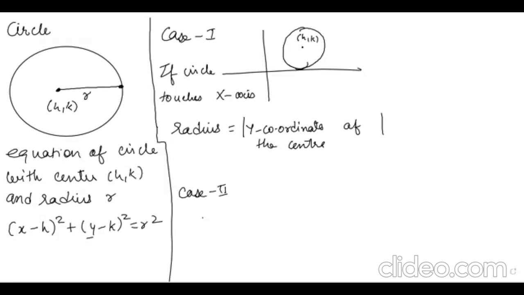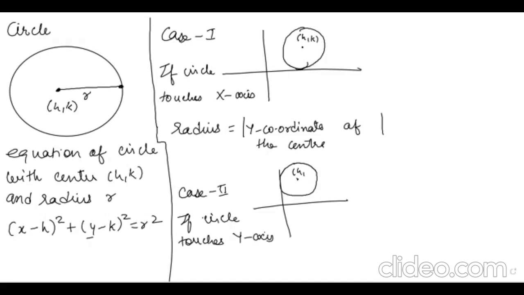Case 2, if your circle just touches the y-axis and the center is (h, k), then you can obtain the radius of this circle as the modulus of the x coordinate of the center.